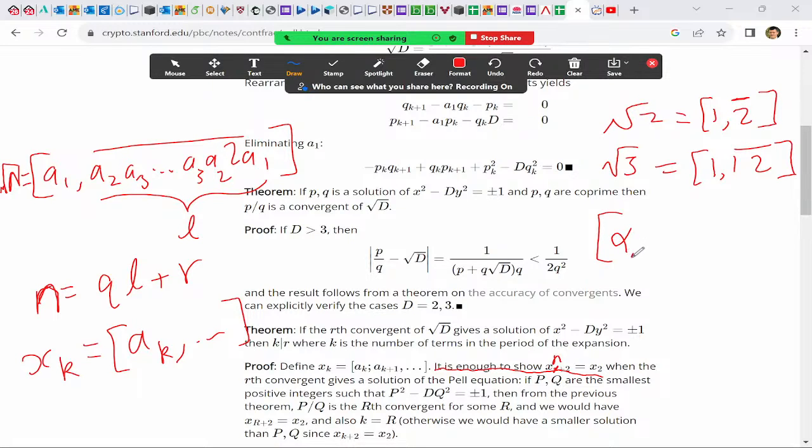It's like a_{m+2}, a_{m+3}, keep going, right? And then x_2 is a_2, a_3. What they're saying about it being enough is correct. Oh yeah, why is that? Because if x_n... Oh, if it's a multiple of a period, it should just be equal.